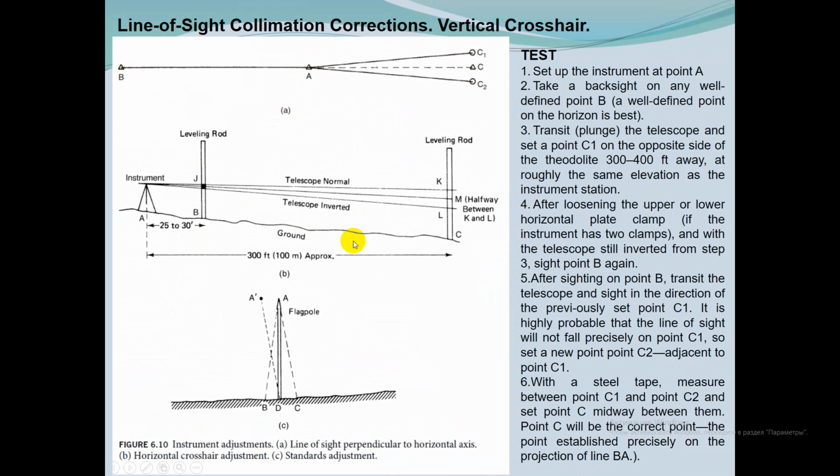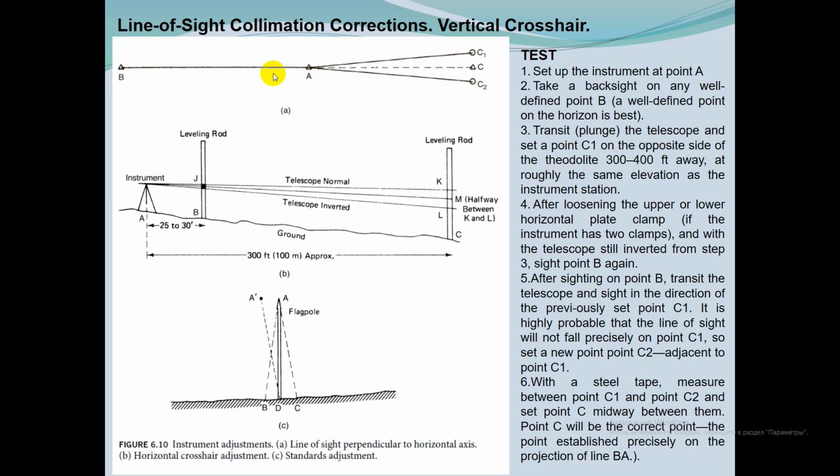Let's talk about line of sight collimation correction. The testing and adjustment procedure is described in the following steps.